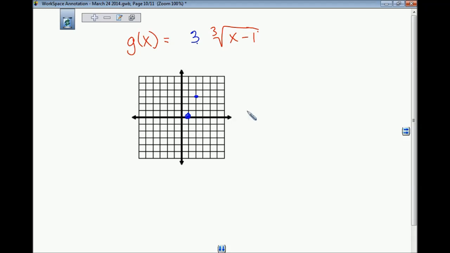Instead of going over 8, up 2, we're going to go over 8, up 6. So down 3, and then 8 would be out here, down 6. So it's going to look like this.